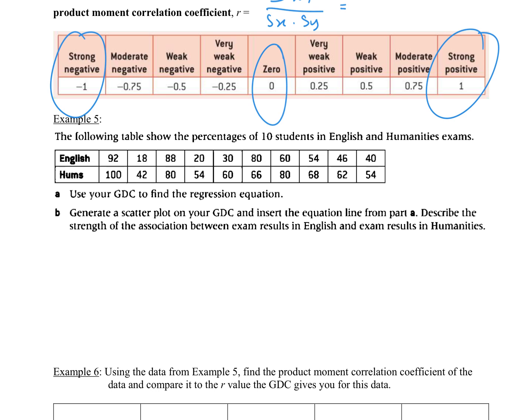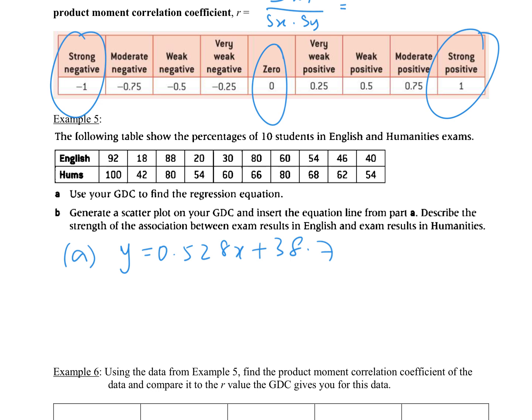Can you pause the video now and enter this into your GDC? The answer should be y equals 0.528x plus 38.7. Then generate a scatter plot on your GDC and insert the equation from part A. Describe the strength of the association between the exam results in English and exam results in humanities.